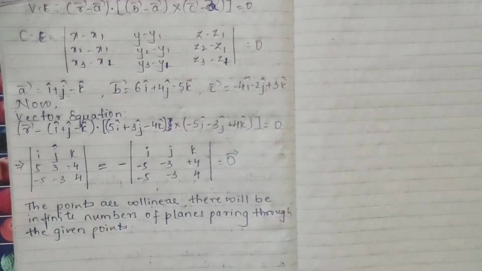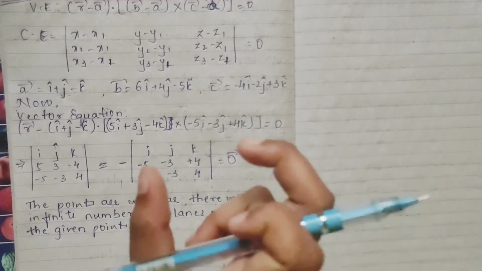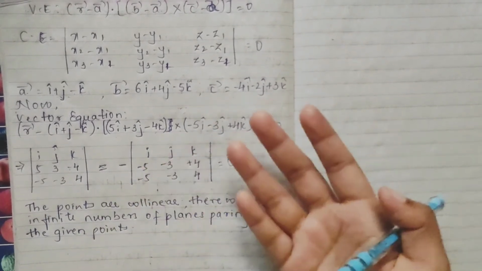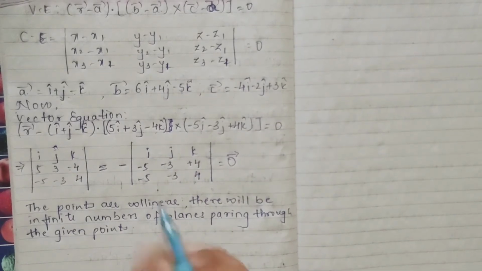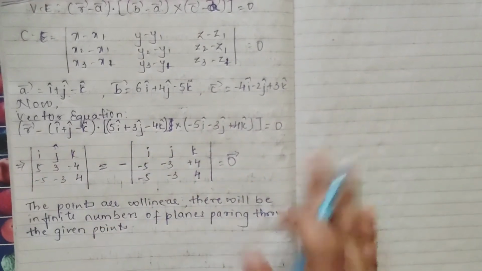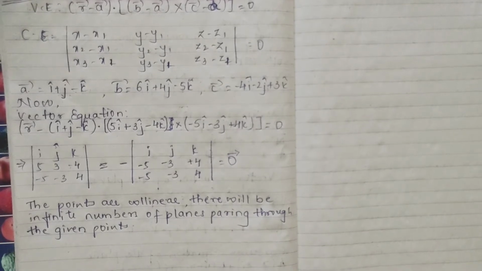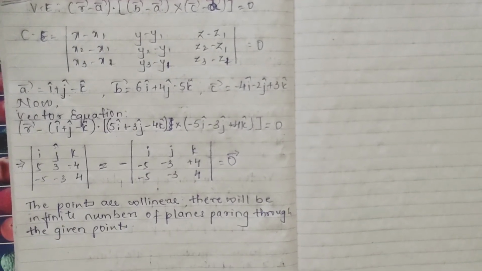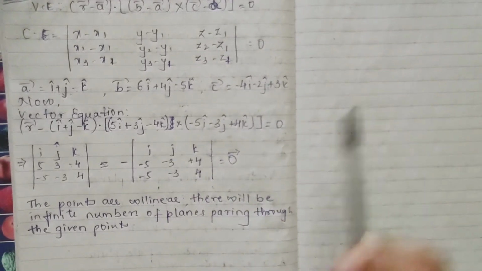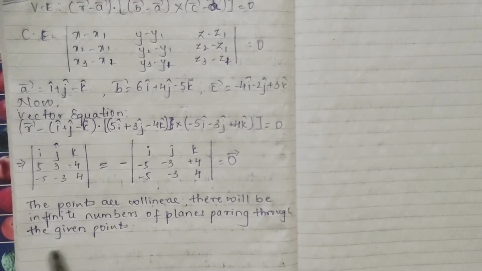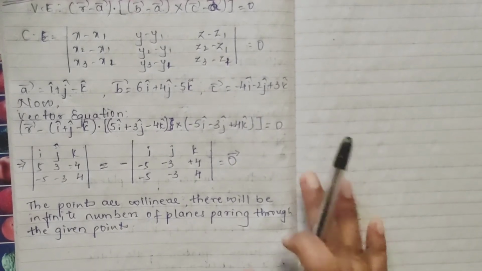So which means you will not get only one equation, there are infinite points, right? So you will get many equations. So for this you cannot write any vector equation or Cartesian equation. Understood? So we write that the points are collinear. Many planes can pass through them. There will be an infinite number of planes passing through the given points.